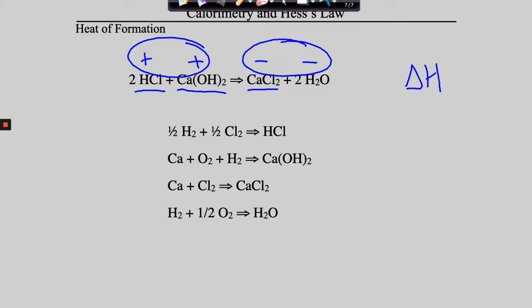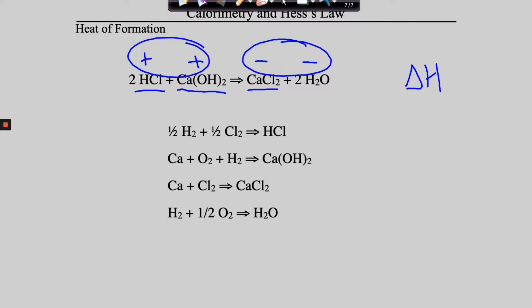So guys, this is the idea. These reactions are all the reactions that are the formation reactions of these compounds from their elements. And in order to get the energies for these, we need to look up their heats of formation. So guys, let's do that. Looking on page 184. What is the heat of formation for water?